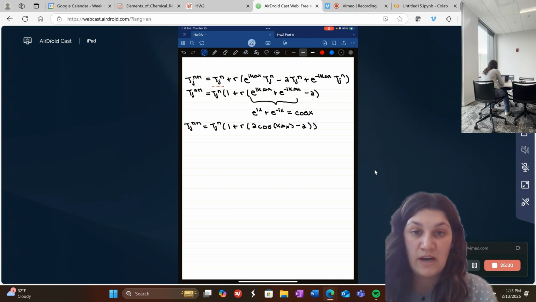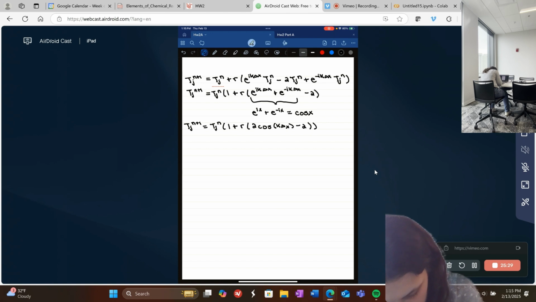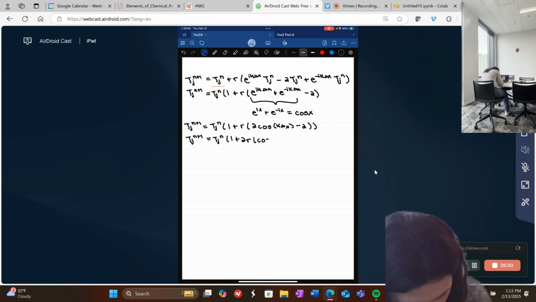Then we can factor out the 2. And 1 plus 2r times cosine k delta x minus 1.